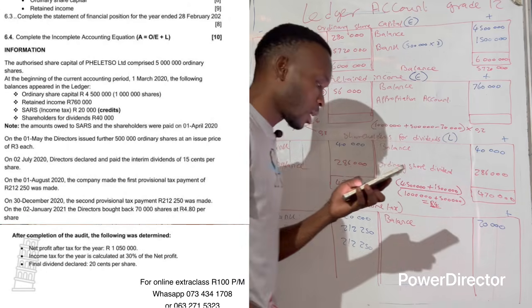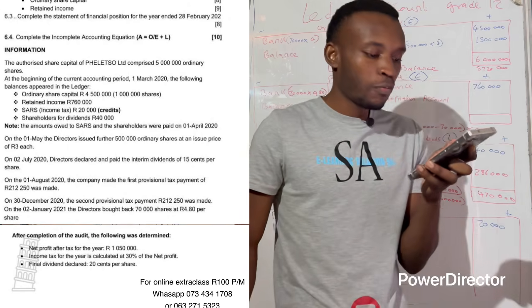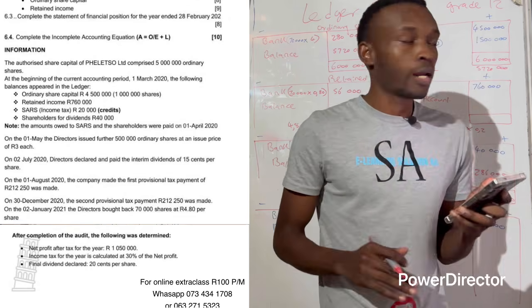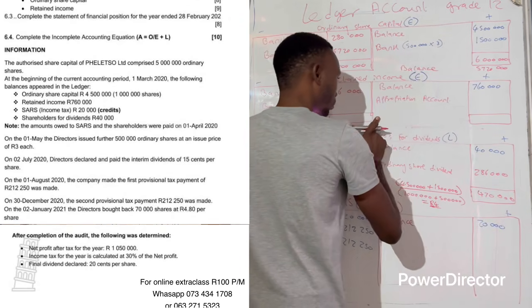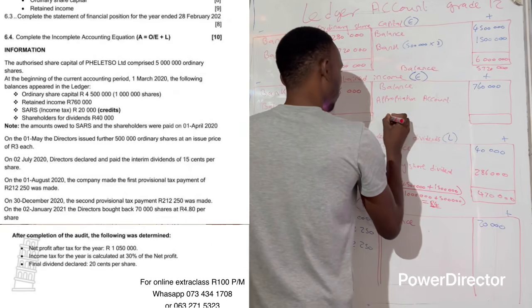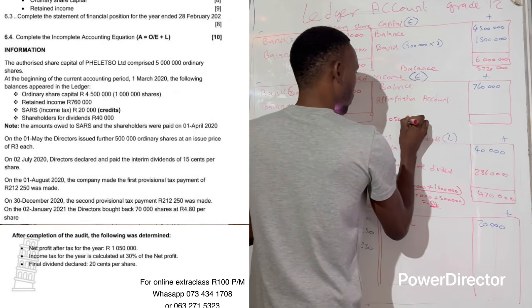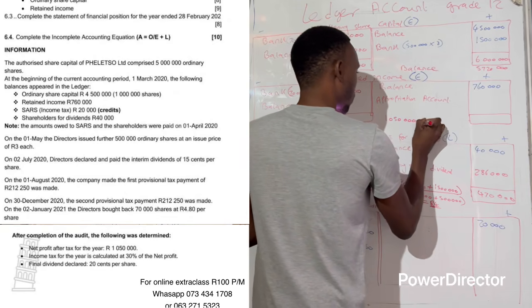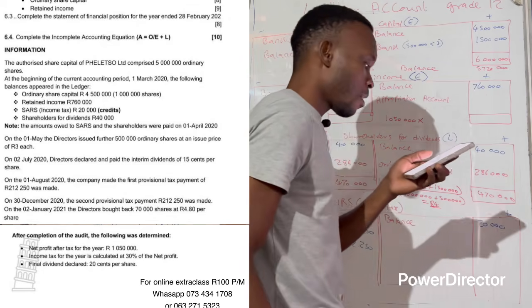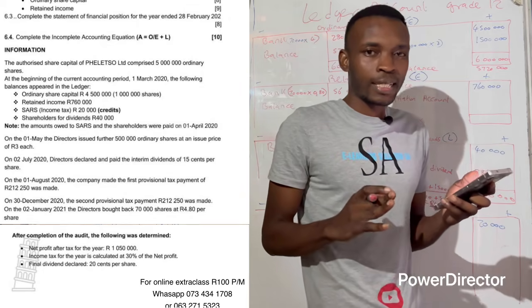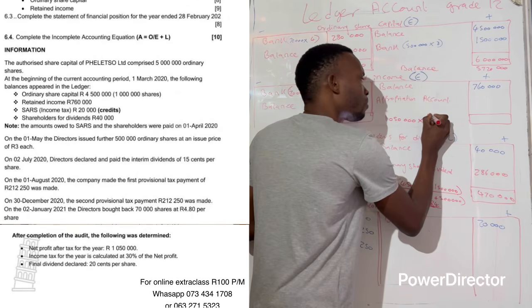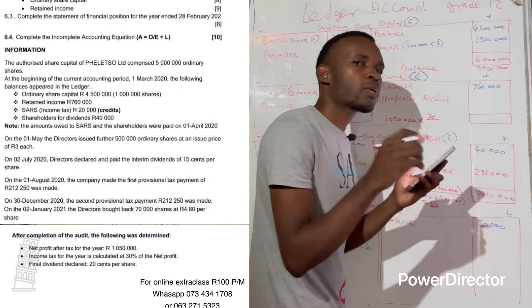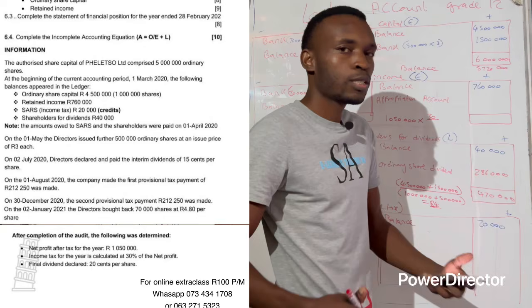Now, such income tax we can also do, because they give us the net profit after tax of 1,050,000 rand. So that amount, guys, 1,050,000 rand, multiplied by, they say that they give us after tax, and what we are looking for is income tax. We are looking for 30%. And what we have is not 100, guys, because it's after, not before.